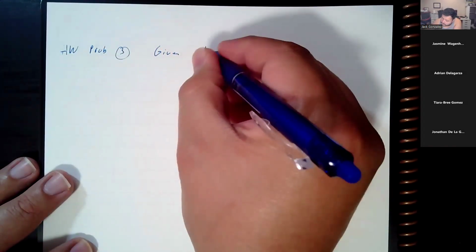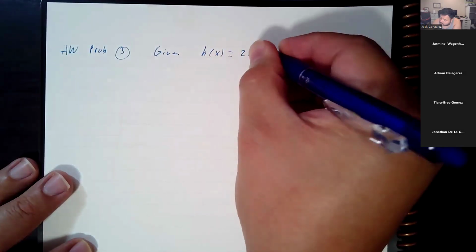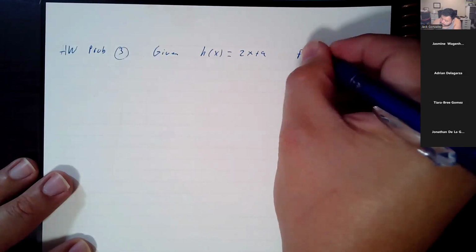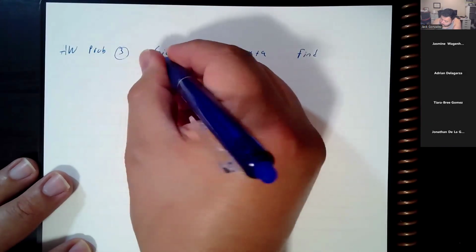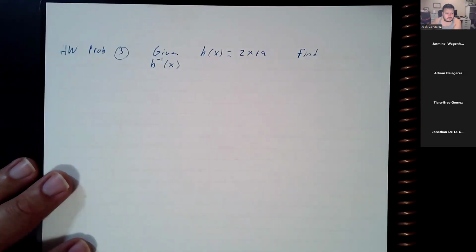So given h of x equal to 2x plus 9, find h inverse of x. So here's a procedure on how to find it.